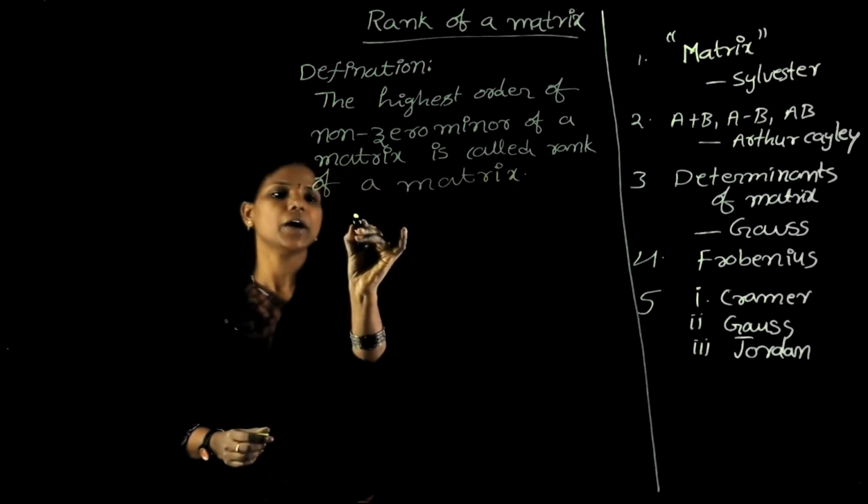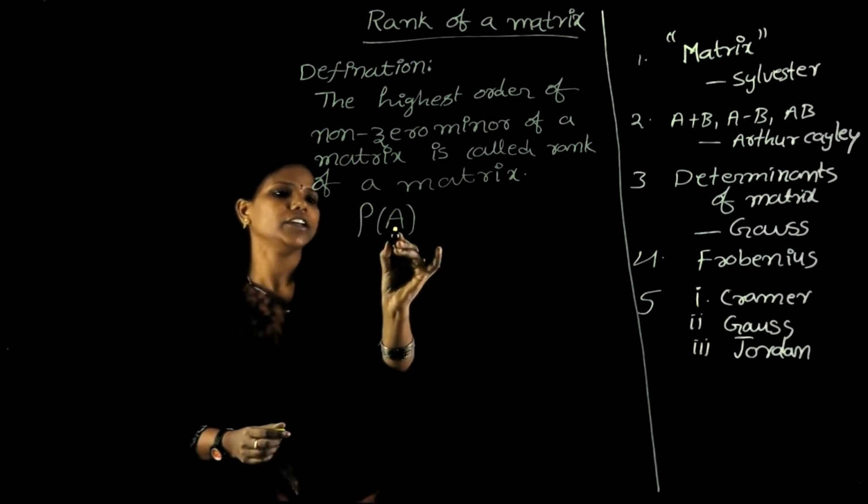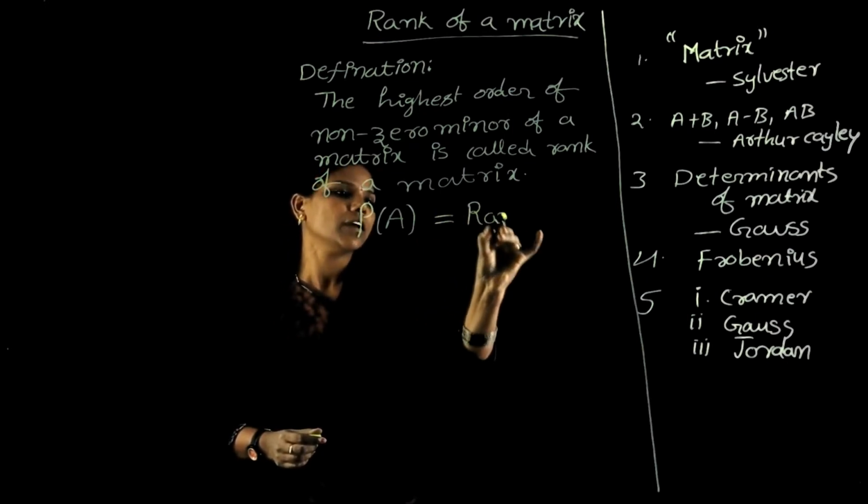It is denoted by rho of A. Suppose you take the matrix as A, it is denoted by rho of A. Sometimes we can notate it like this, rank of A.